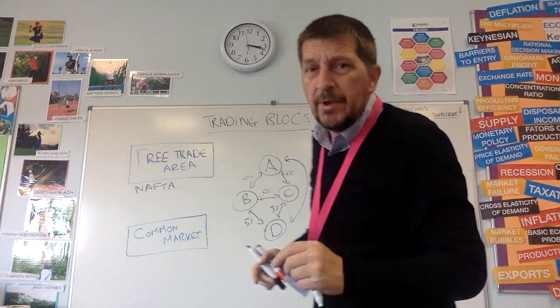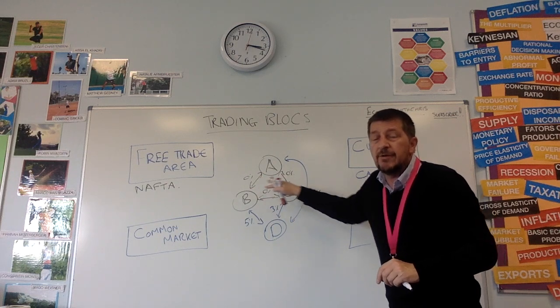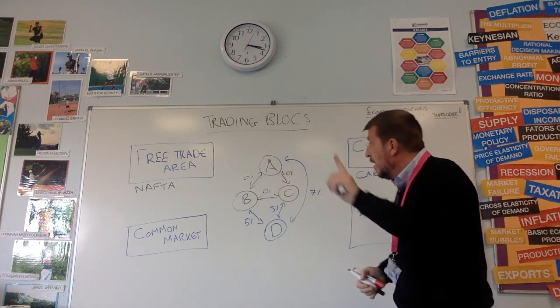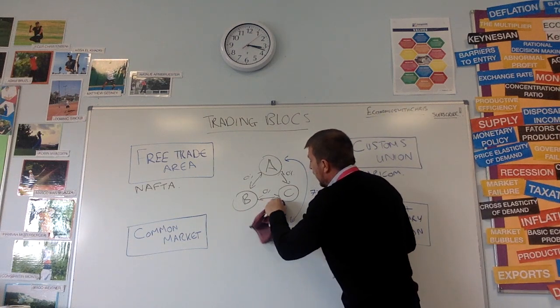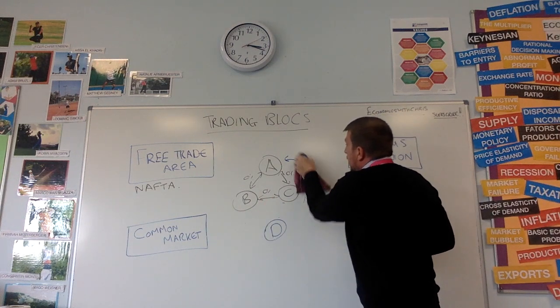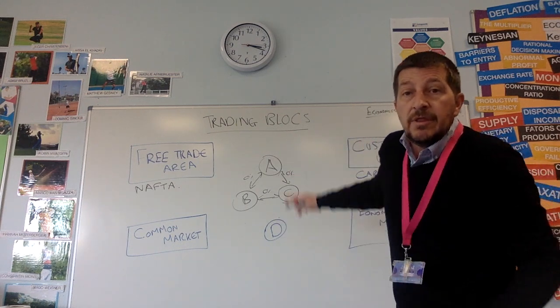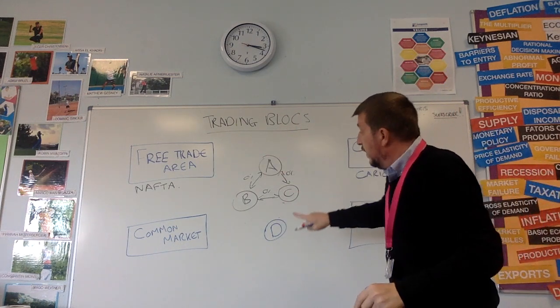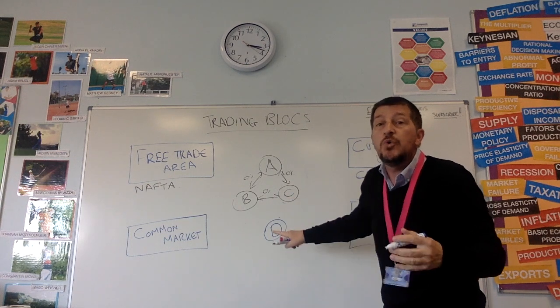Well, two elements. The first element exists where they have internal tariffs that have been wiped out, but there's also a second aspect: their relationship with third parties, with other countries, has been unified.